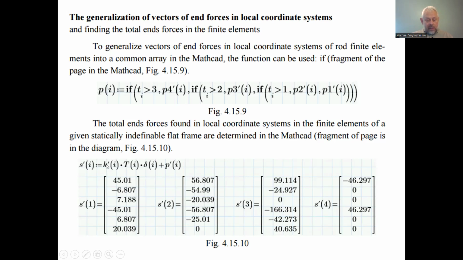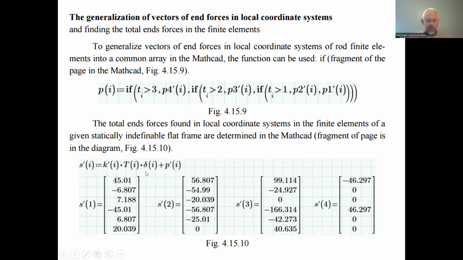That's why we have the stiffness matrix dependent on the number of the vector index I, multiplied consequently by the matrix of cosines and sines, the auxiliary matrix for transforming vectors from the global coordinate system to the local coordinate system, a 6 by 6 square matrix, and multiplied by the displacement we got in the global coordinate system of the ends.